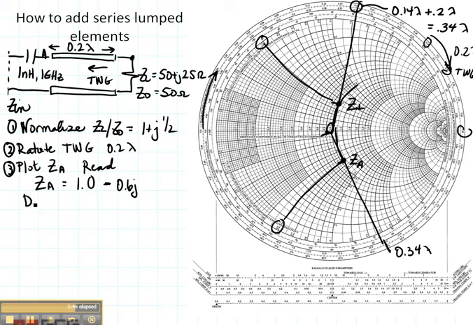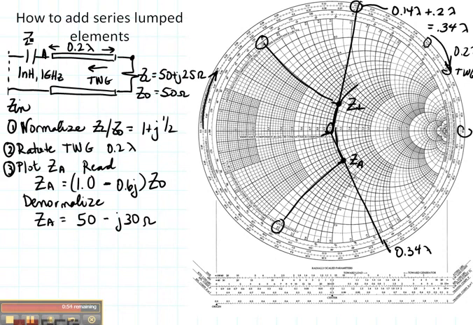Then I need to denormalize, which means I'm going to multiply it by Z0. So ZA in ohms is going to be 50 minus j30 ohms. Now what I need to do is calculate the impedance of my capacitor.